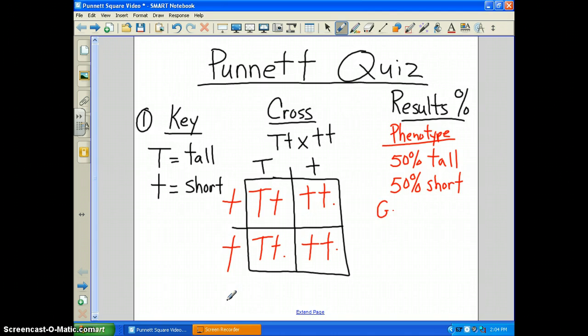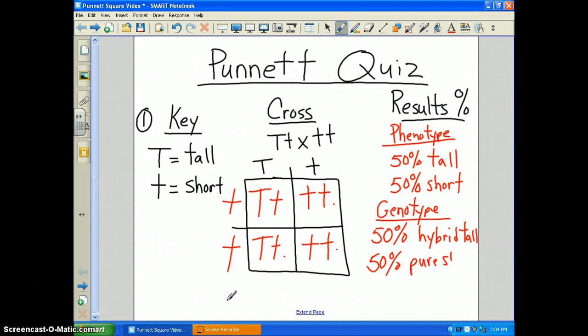If we figure out the genotype, the genetic makeup of the results, we can look that 50% is hybrid tall, and 50% is pure short. Are there any questions? Please correct and check your answers.